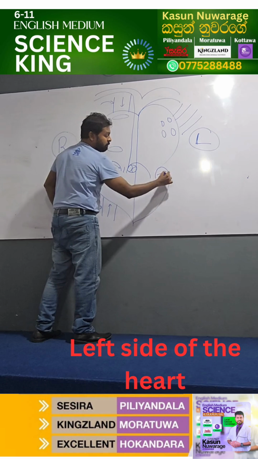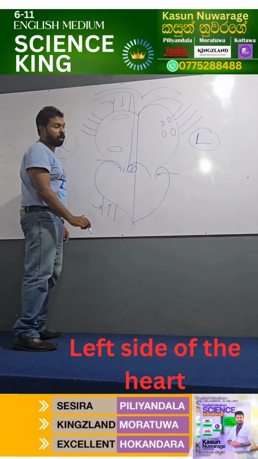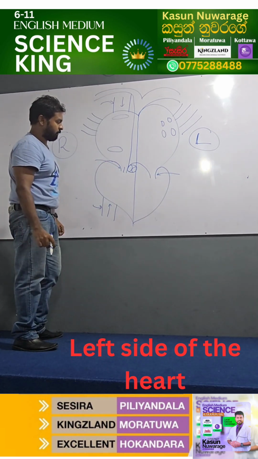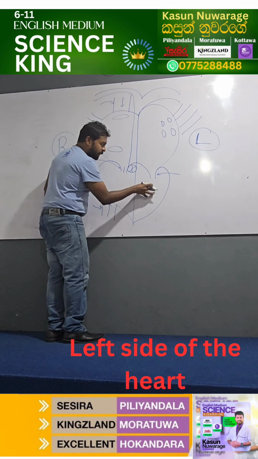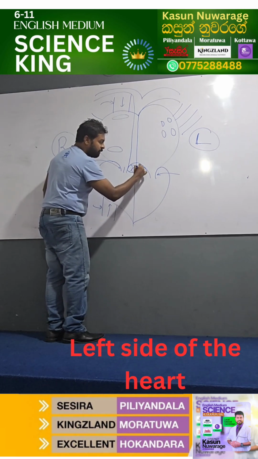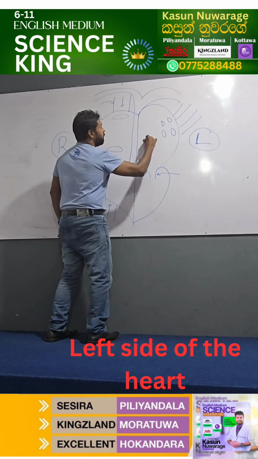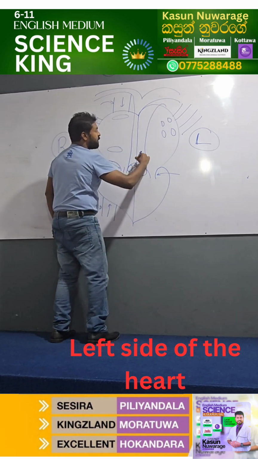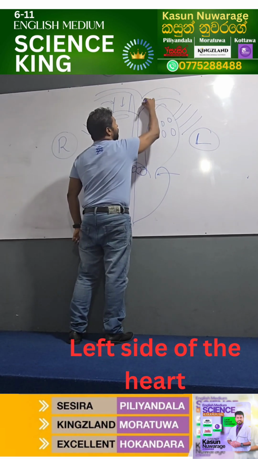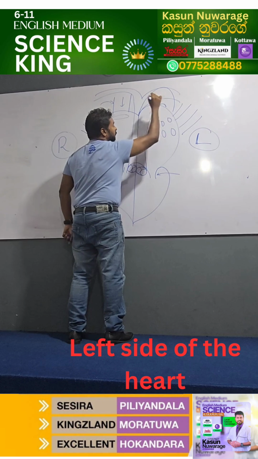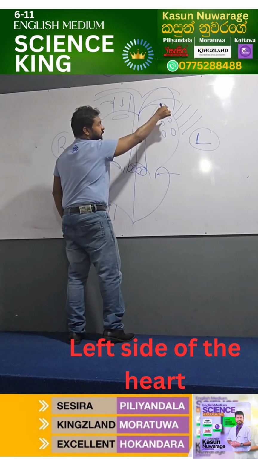There is another term, this is called the mitral valve. Then this blood is moving to our whole body. That special tube is called the aorta. This is the aorta.